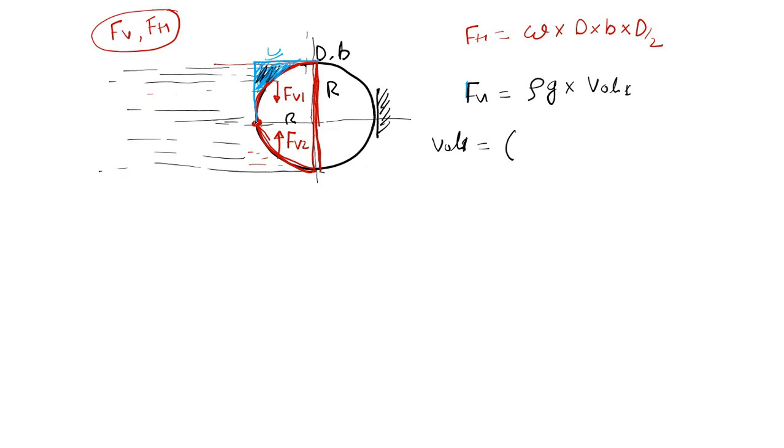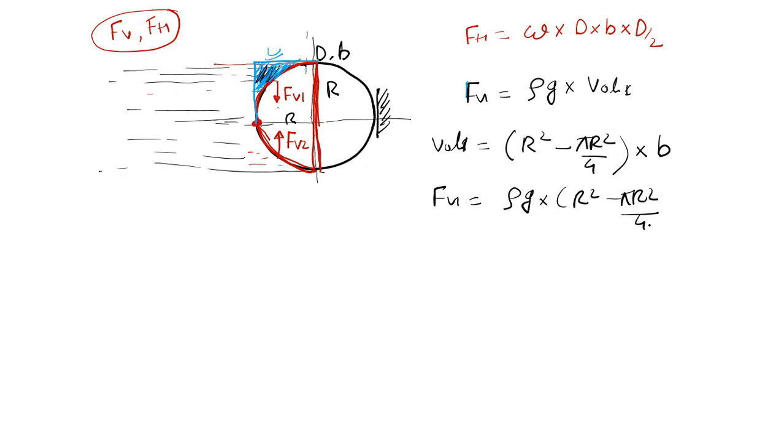Complete square area is nothing but r square, minus this area, which is pi r square upon 4, into B. So I have calculated this: rho g into (r square minus pi r square divided by 4) into B. This is Fv1. Now I have to calculate Fv2.